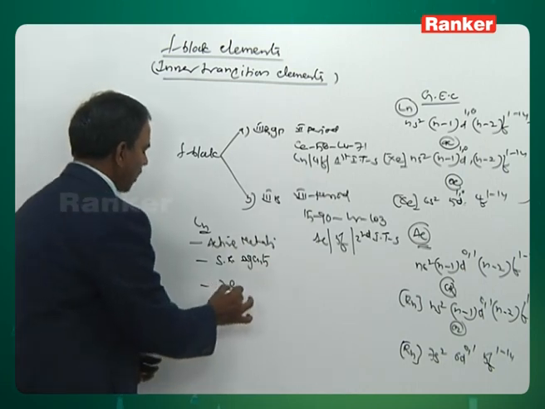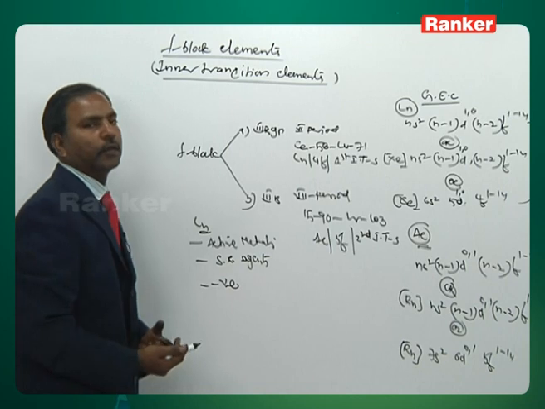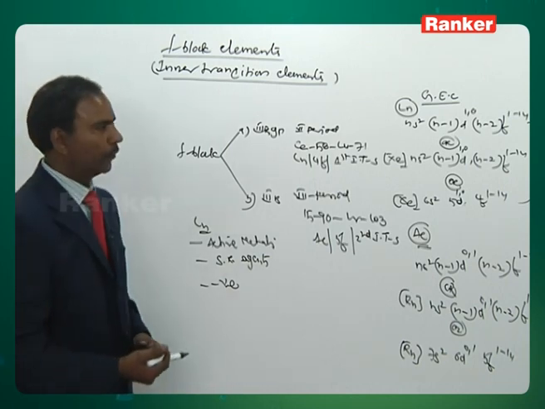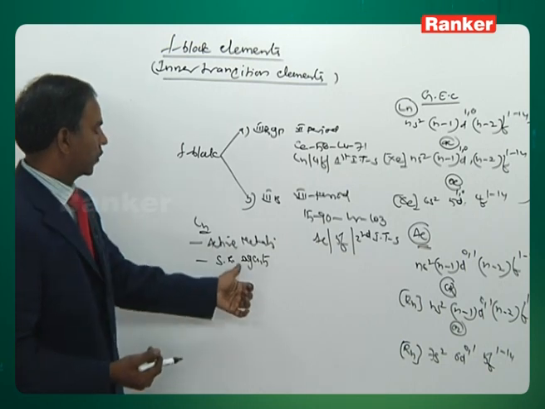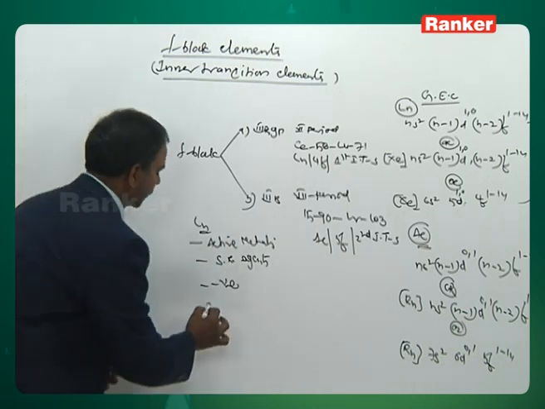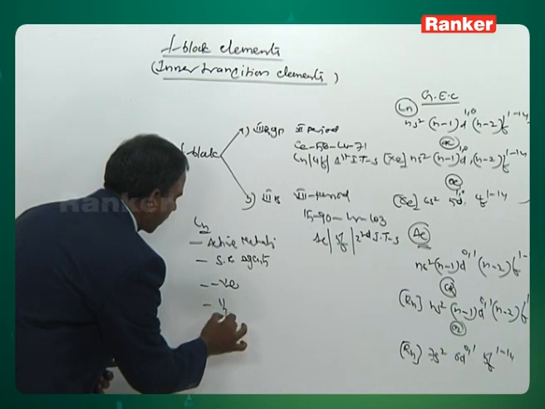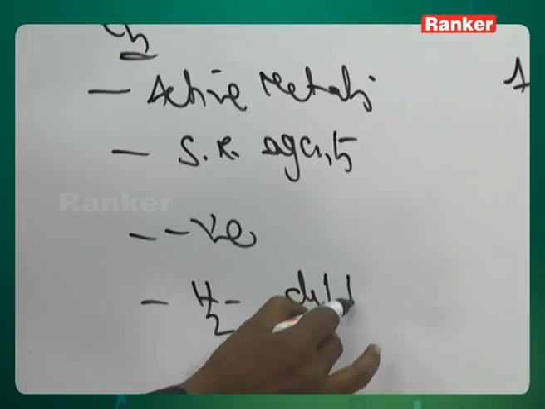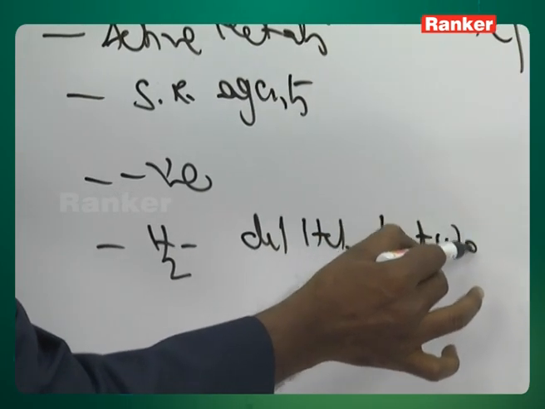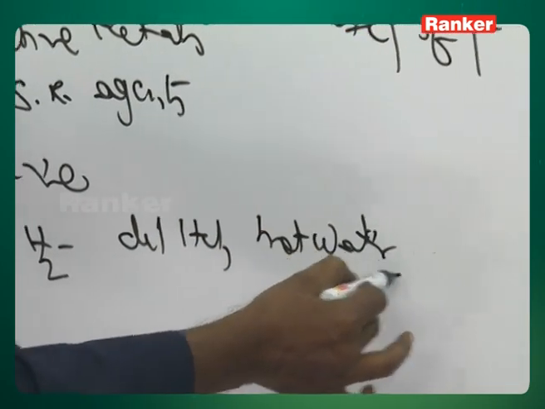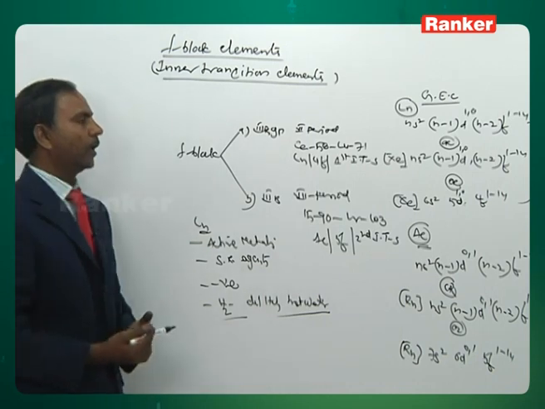Their electrode potential values are negative, with highly negative reduction potentials. Therefore they act as strong reducing agents, and they easily liberate hydrogen gas from dilute acids or from hot water.